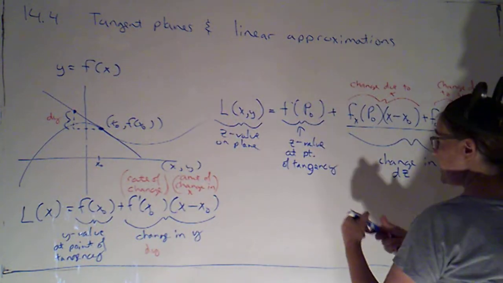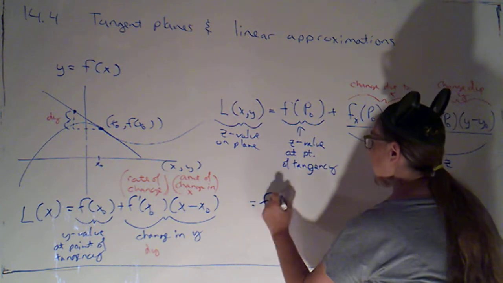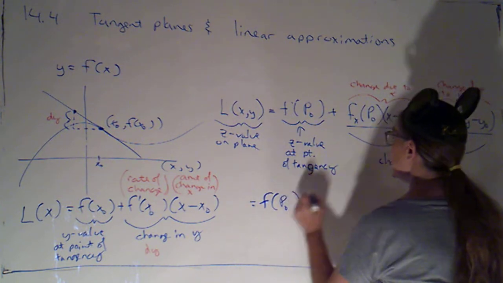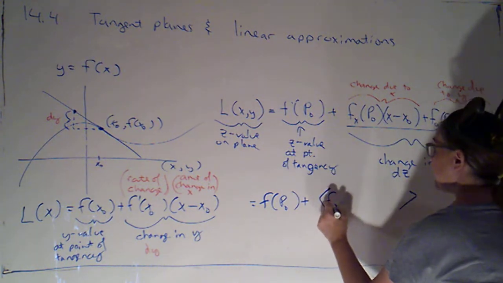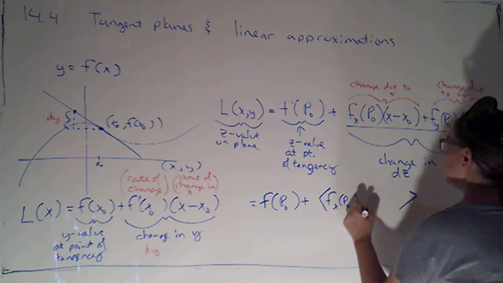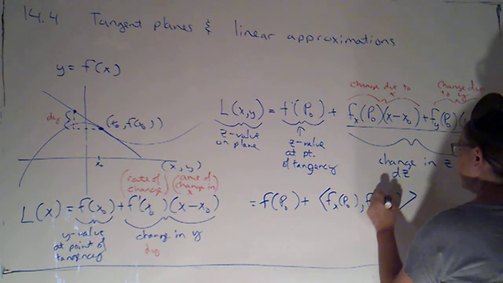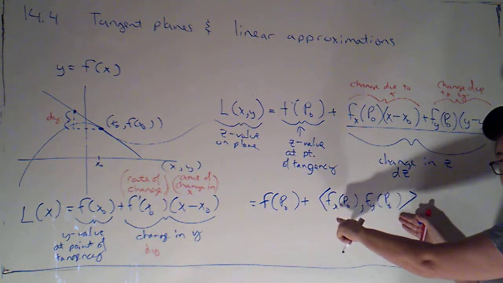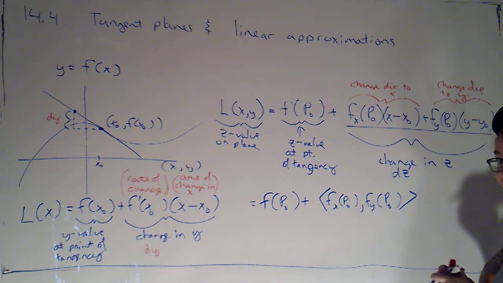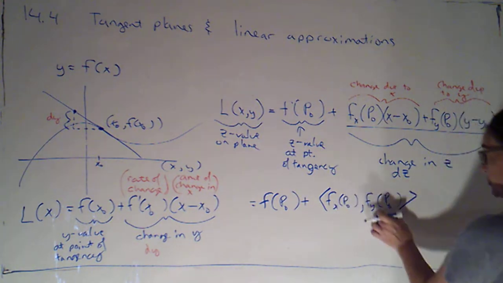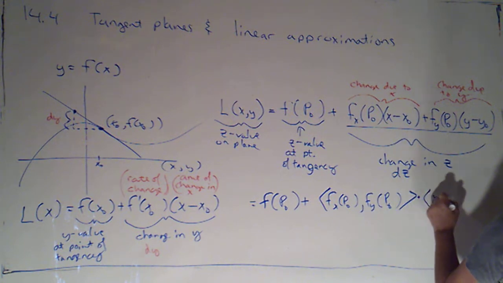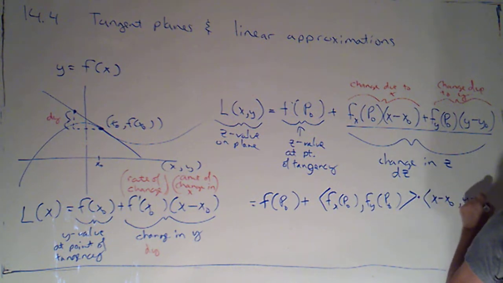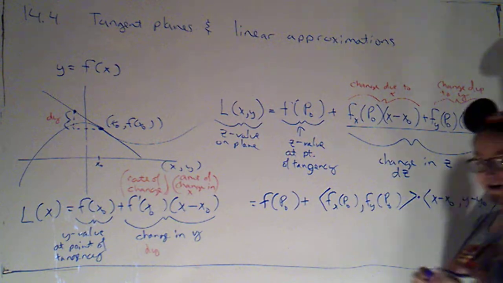So I could rewrite this as f at p naught plus this vector, f sub x at p naught, comma f sub y at p naught. That's a vector that's giving me my rates of change, plural, because there are two rates of change, dotted with x minus x naught, y minus y naught.